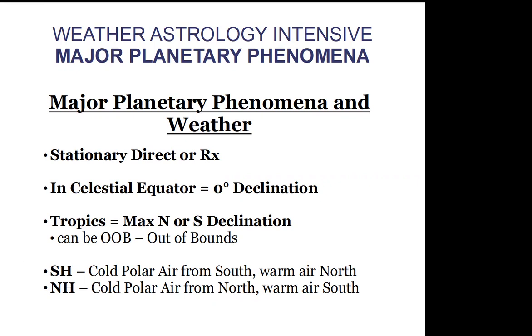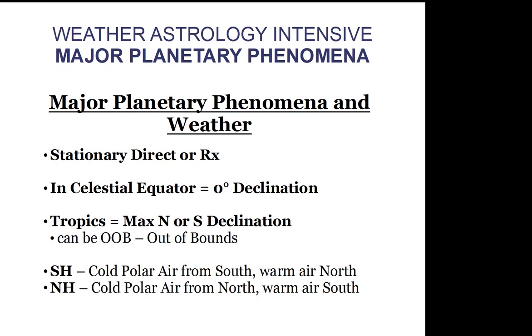Now, note that for the southern hemisphere, the cold polar air comes from the south because that's where the Antarctic is. And the warm, balmy air comes from the equator. It comes from the north. Because for us in most of the southern hemisphere, we are south of the equator, so the equator is north of us. Now the northern hemisphere is reversed.